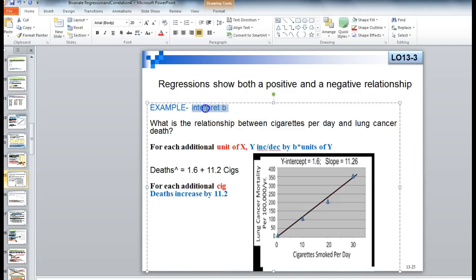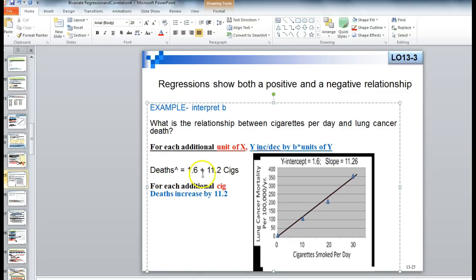So in order to interpret the slope, we would say for each additional unit of x, y increases or decreases by beta times the units of y. We have to use pretty much this exact language, so you should memorize this early and often. For each additional unit of x, y increases or decreases by beta times the units of y.